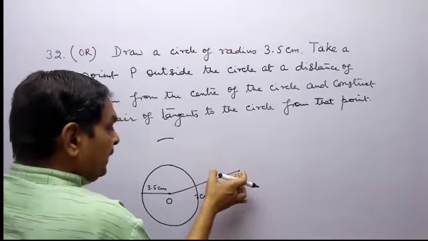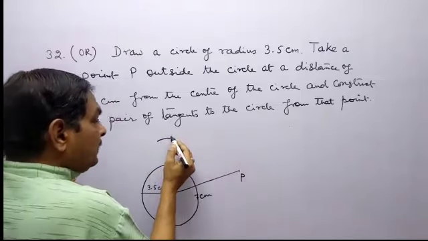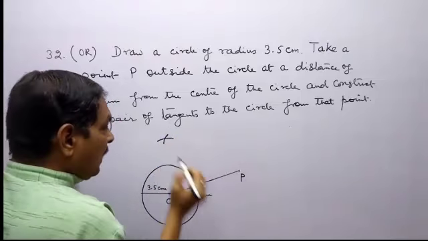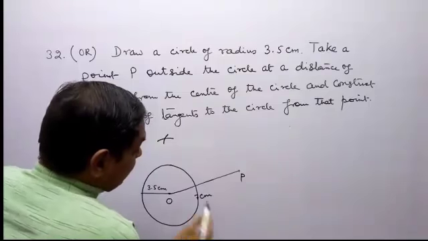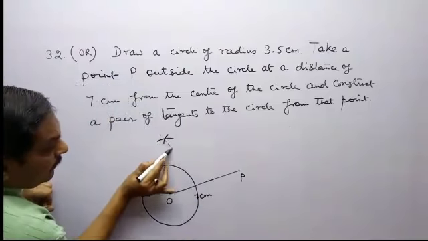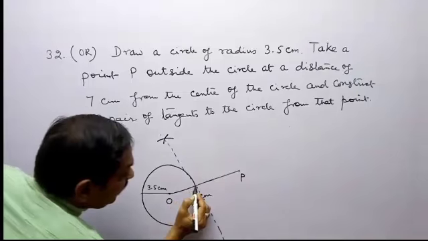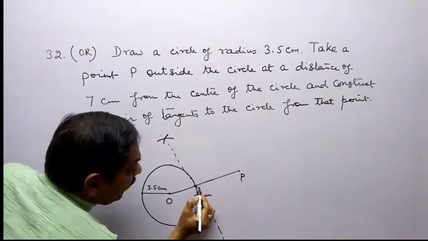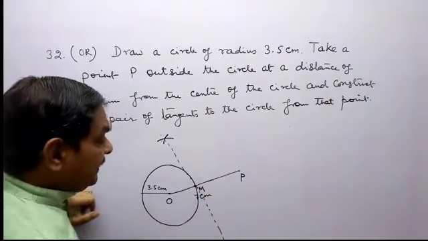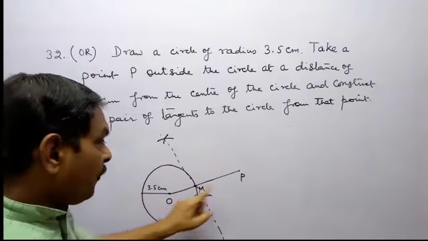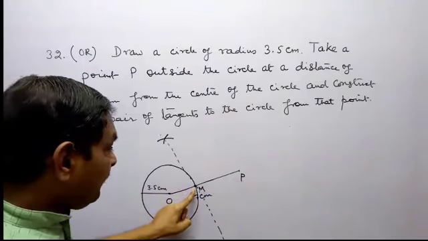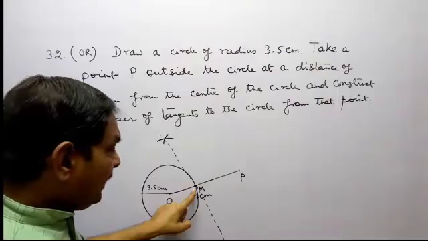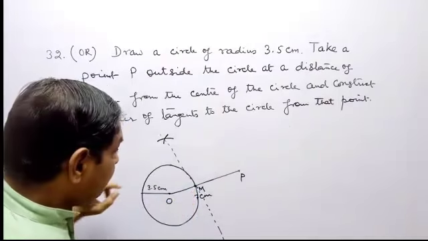Now from point P with the same length of arc, this arc is cut and this arc is cut, and we are to join. So we obtain the midpoint. Suppose this midpoint is M. Clearly, if OP is 7 centimeter, midpoint will be the point which will be there on the circle.